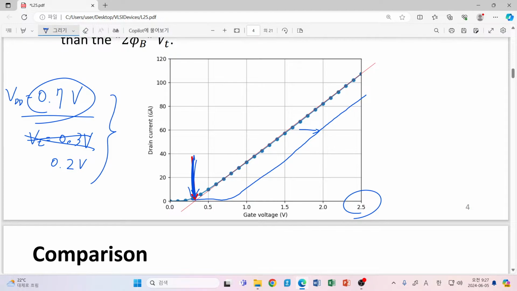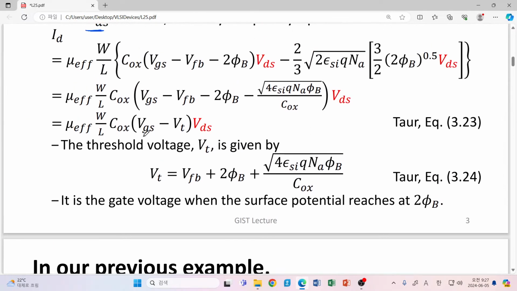However, then maybe you can give me another alternative way. Well, we have another knob to control threshold voltage. So please have a look at the definition of our threshold voltage as shown in equation 3.24. When you have a look at this one, what we are doing currently is just changing NA values to increase threshold voltage. For example, if you just increase your NA values by factor of 100, then wow, the contribution from this component will be just increased by factor of 10.